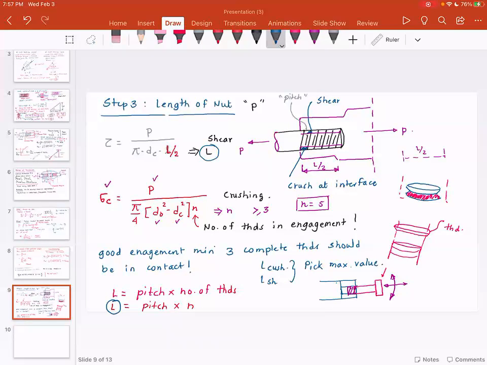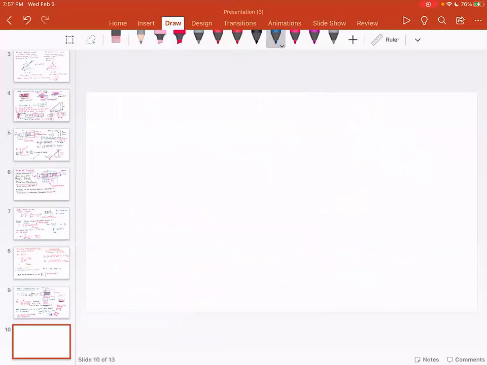Next step is the outside diameter of the coupler nut.